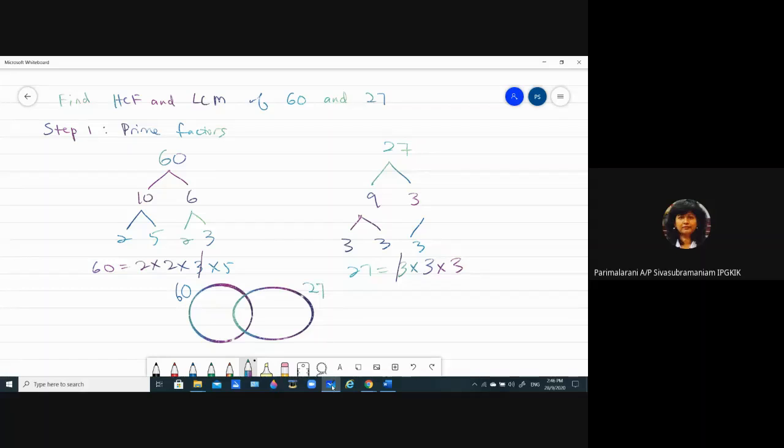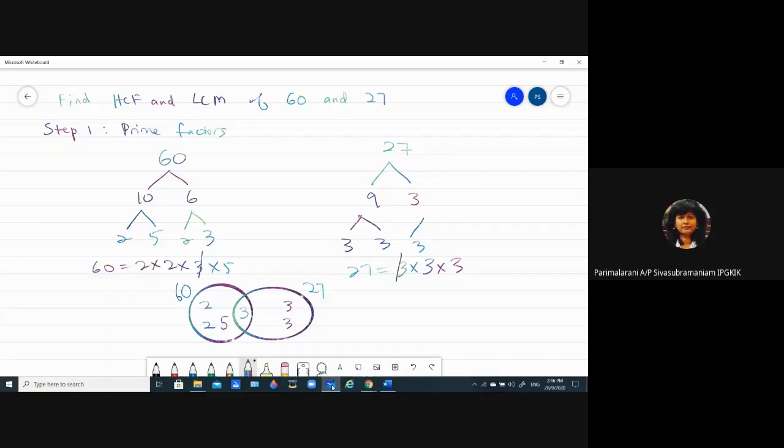The common factor 3, we put in the intersection. The other factors we write here, 2, 2, 5, and here we have 3 and 3. So this is our Venn diagram to find HCF and LCM.